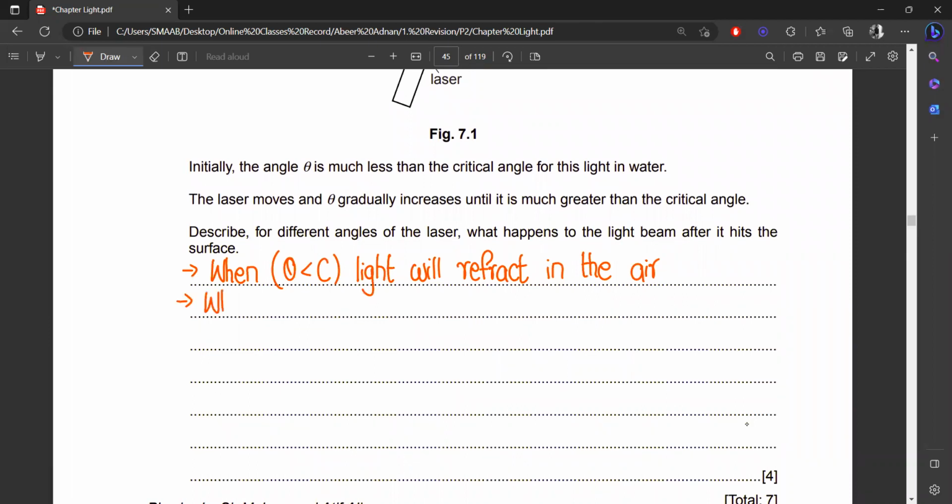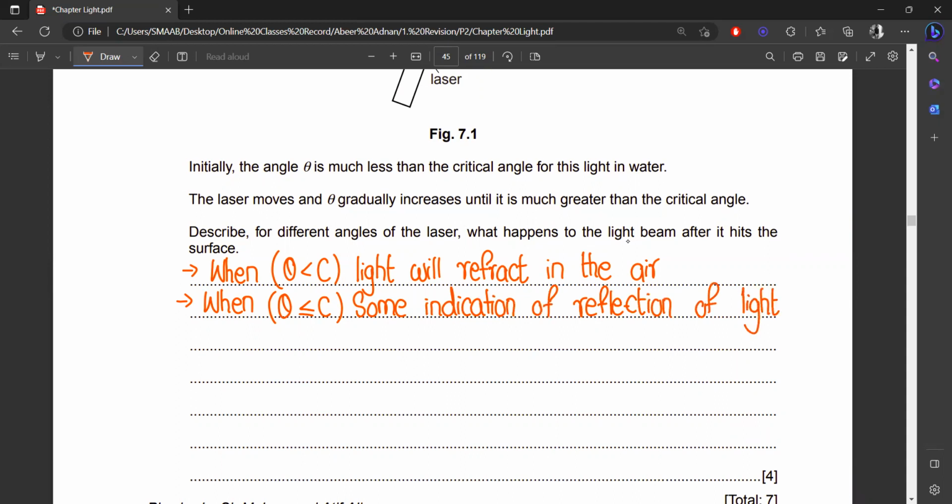And second, when the angle is less than or equal to the critical angle, not exactly equal to, we know that some light will start refracting and some will be reflecting. Indication of reflection of light.